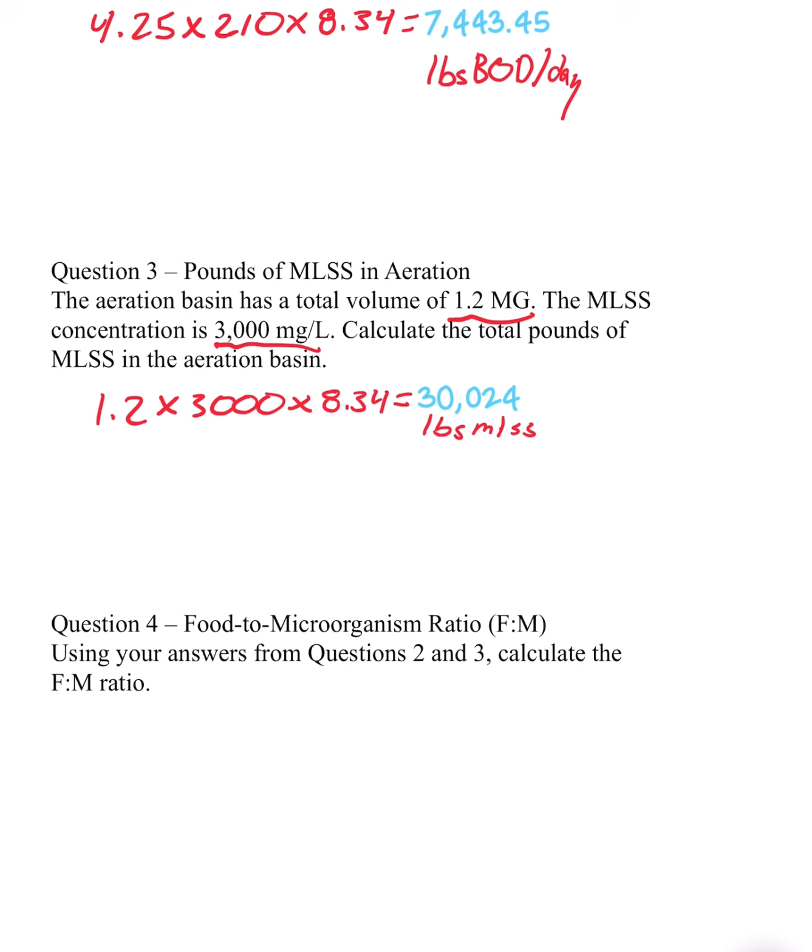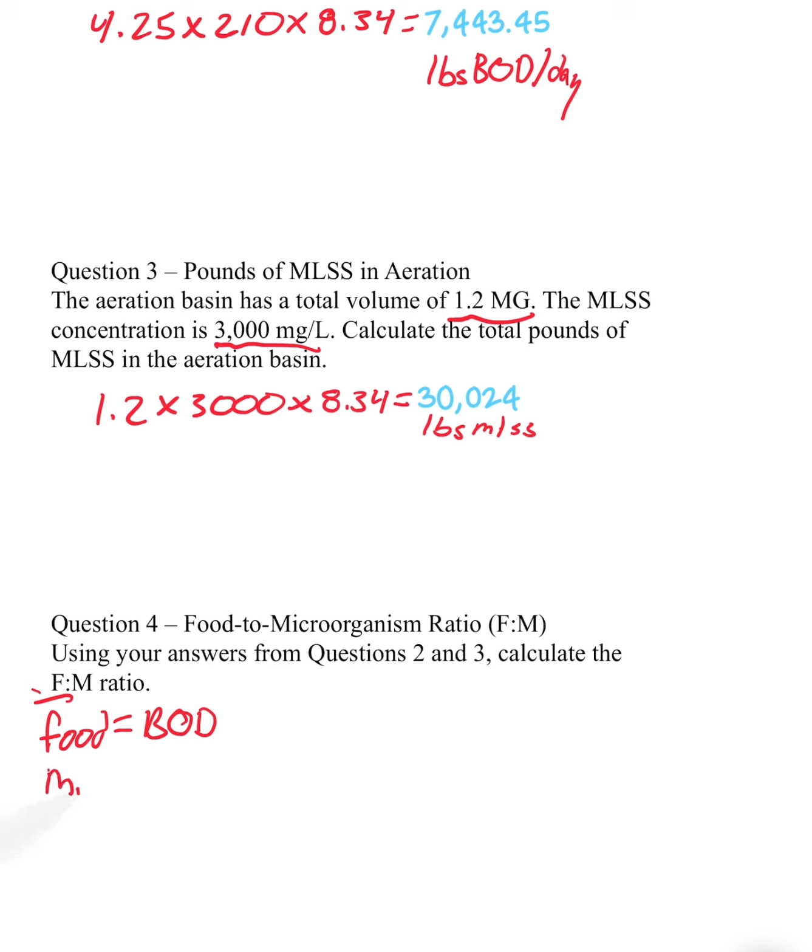All right, next, we're going to calculate the food to microorganism ratio, so the F/M ratio. Using your answers from 2 and 3, calculate the F/M ratio. So the F in F/M ratio stands for food, and food equals BOD.